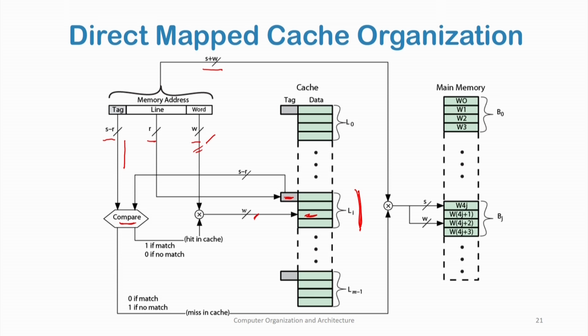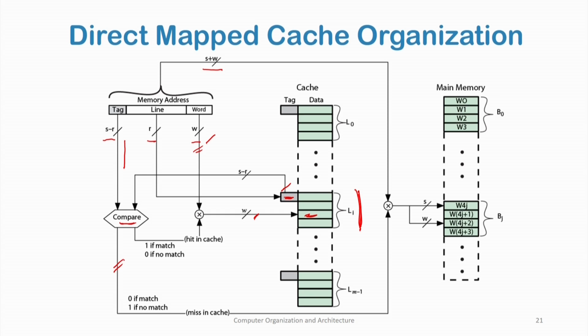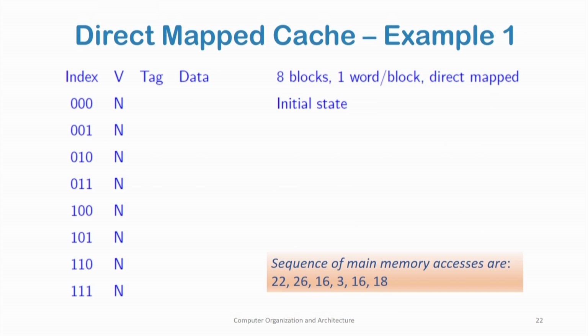Now, if there is a miss, that means the tag in the particular cache line does not match the main memory address tag, these s minus r bits. When we have a mismatch, we have a cache miss, and then we go to the main memory, find the particular block containing the word, and retrieve it into the cache.